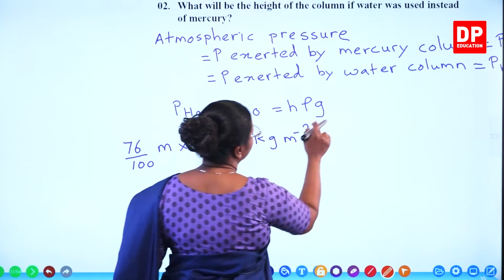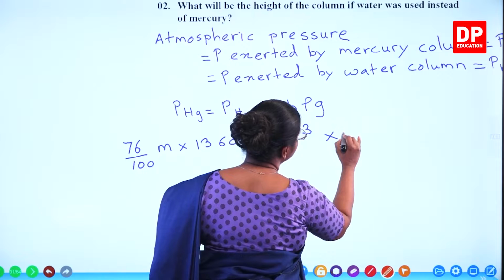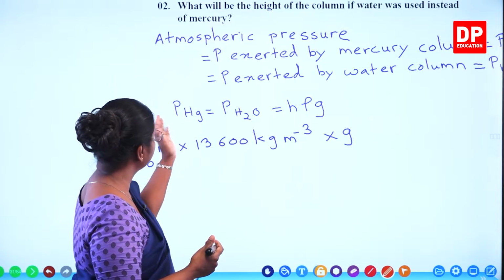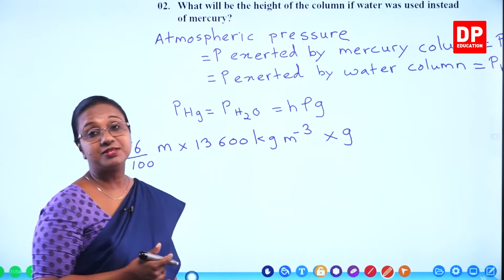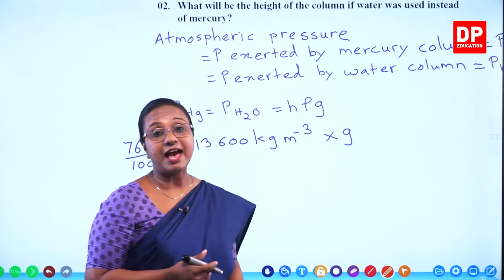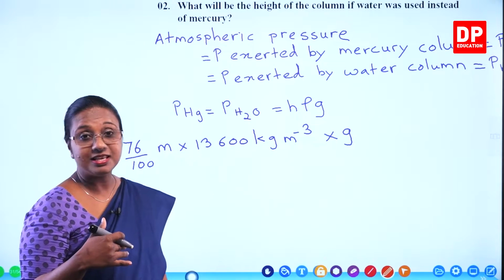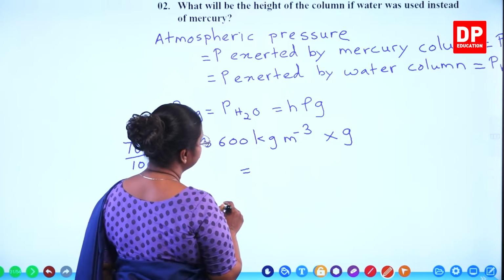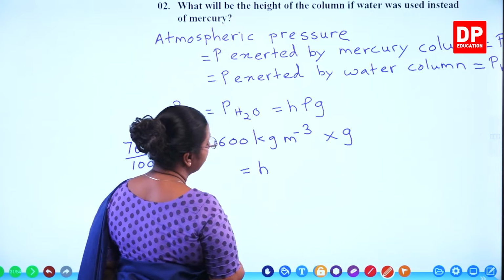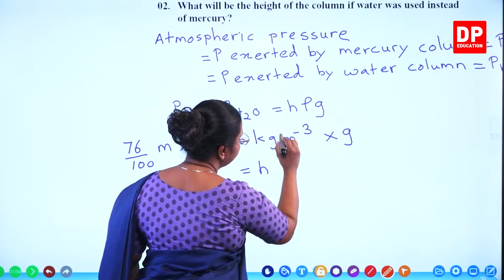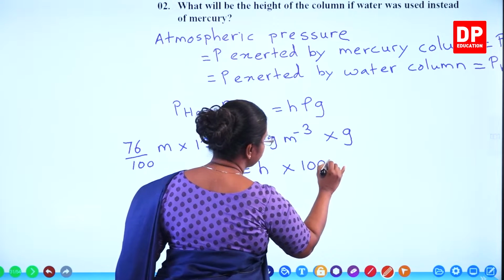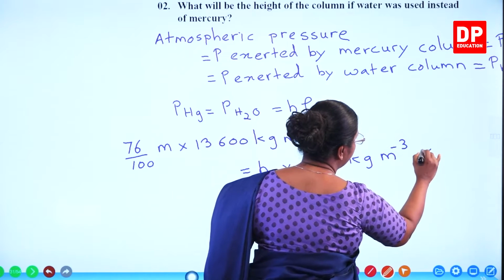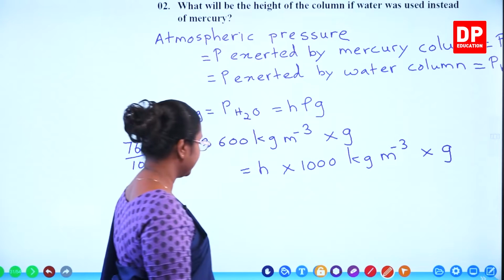Then we need gravity, but I will use g because on both sides, for pressure exerted by mercury and pressure exerted by water, we have g. So, we can just leave it as g. On the other side, pressure exerted by water, we don't know the height of the water column, but we know the density, 1000 kilogram per meter cube, and gravitational acceleration.